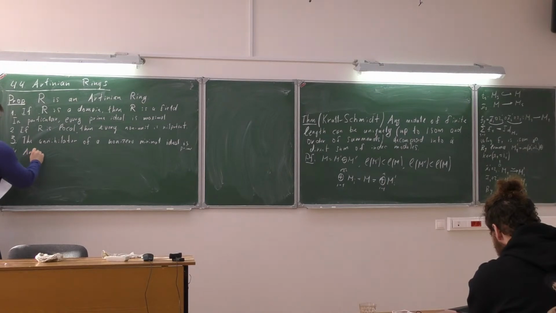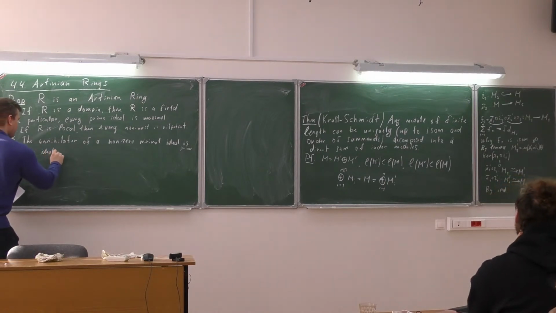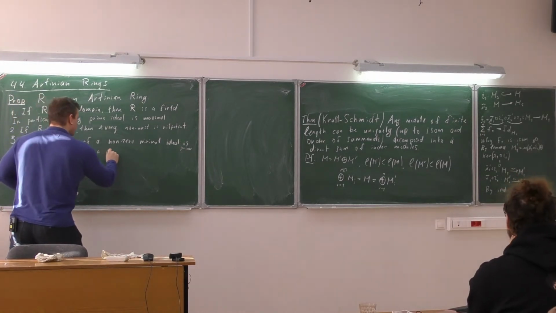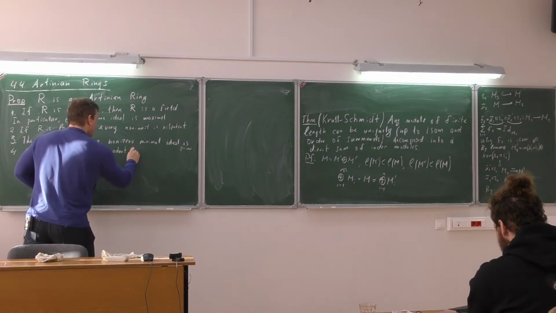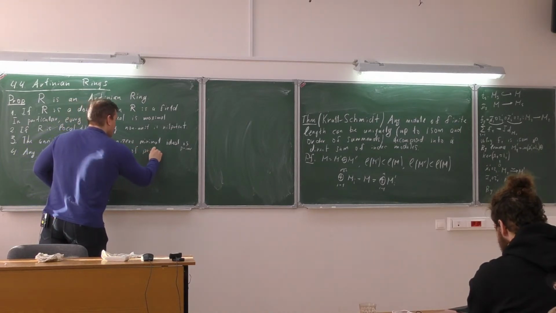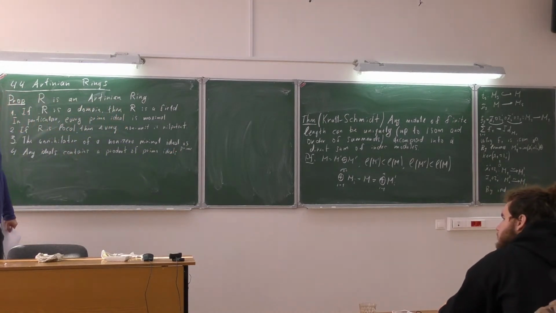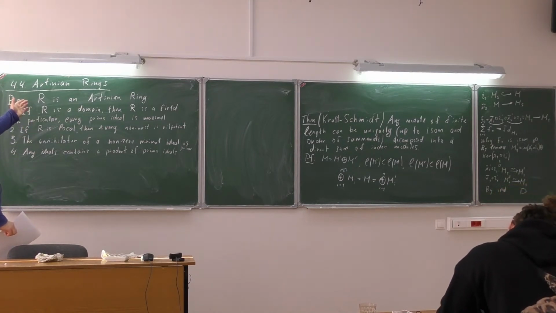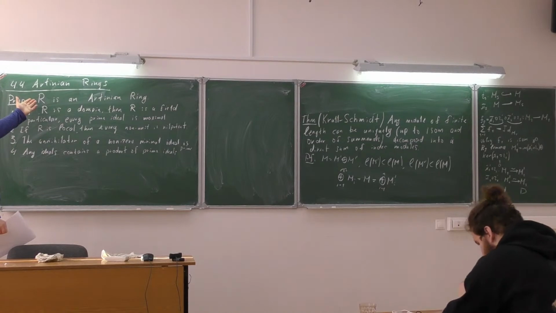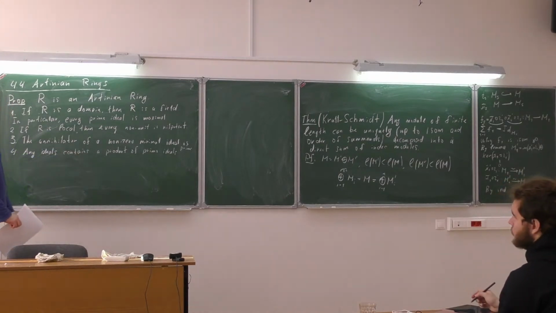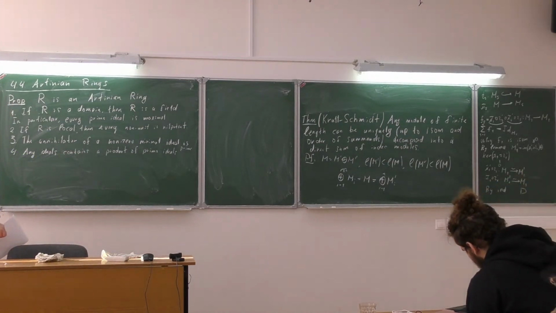Any ideal contains a product of prime ideals. So that's the property that we already know for Noetherian rings from the seminar. But of course, here I'm going to show that any Artinian ring is Noetherian in fact, and when I'm doing this, I'm going to need this property. So it will be one of the steps in the proof of the main theorem. So I need to prove this separately for Artinian rings, and of course the argument will be different.